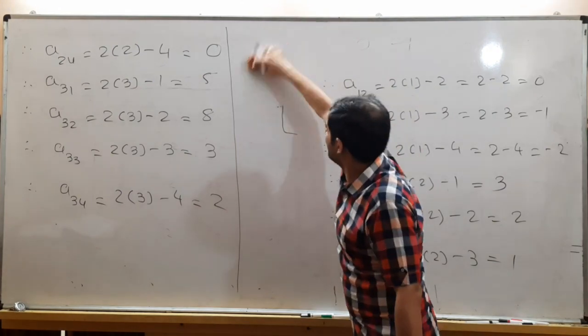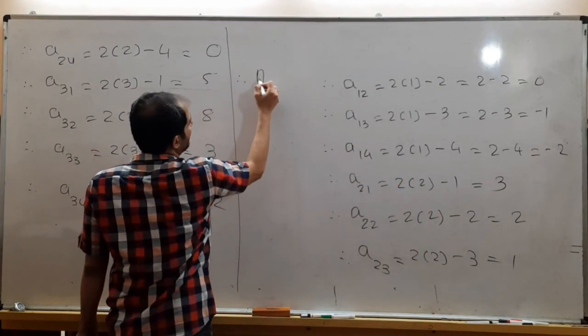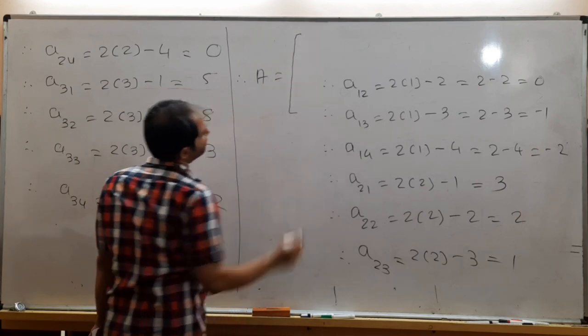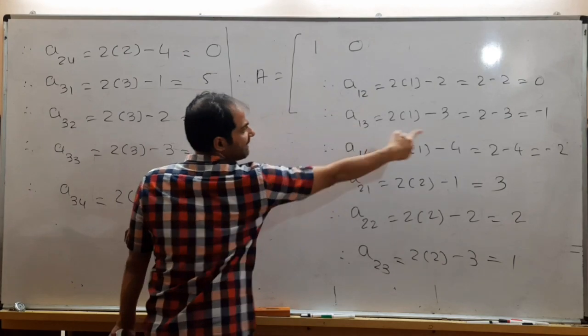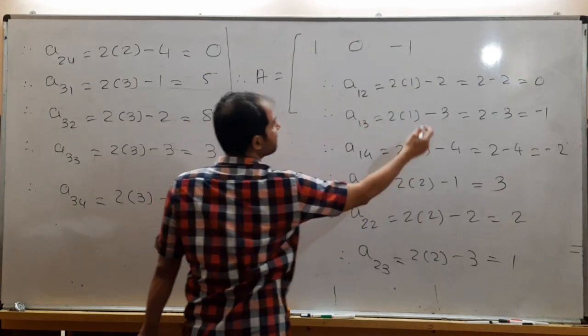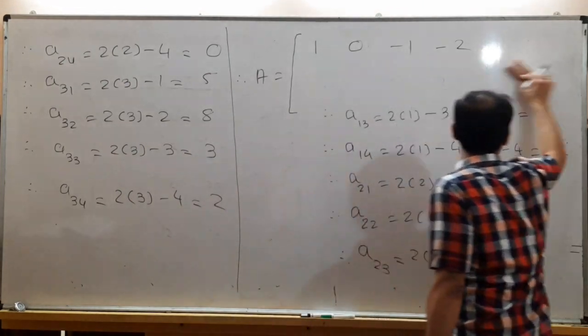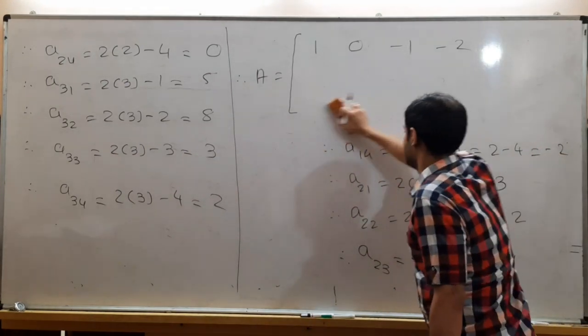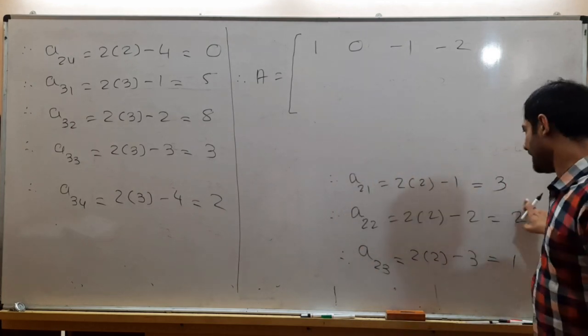Let me write this somewhat down, maybe you might not be able to see it. So therefore, A is equal to, first row: A11 is 1, A12 is 0, A13 is minus 1, A14 is minus 2. So first row over. Then writing the 4 elements of the second row.